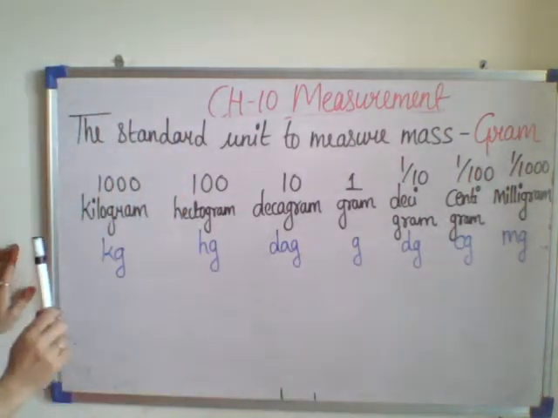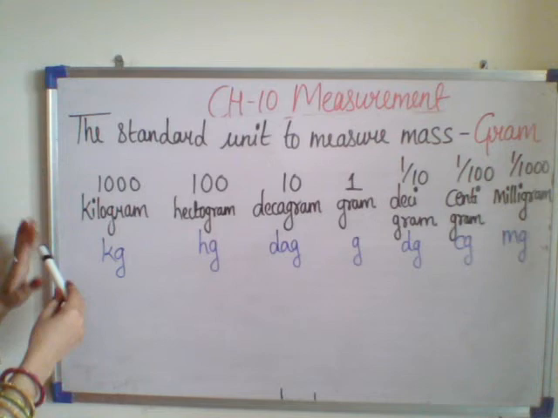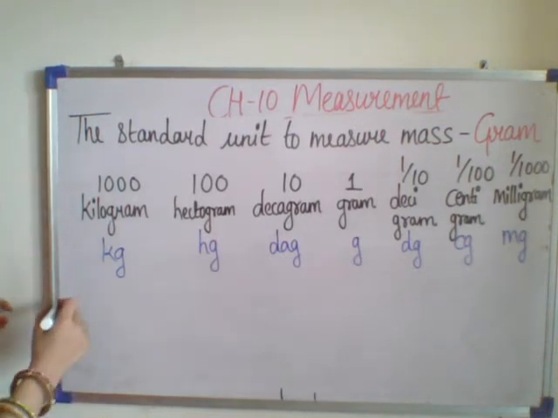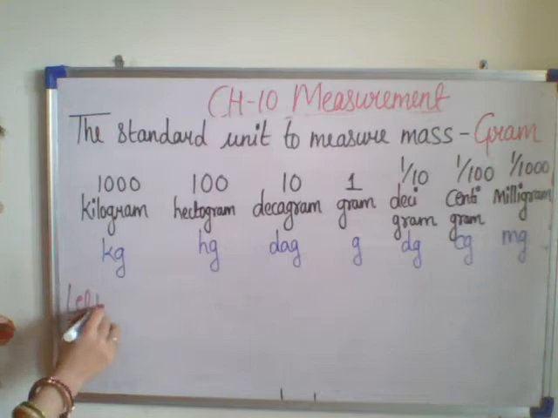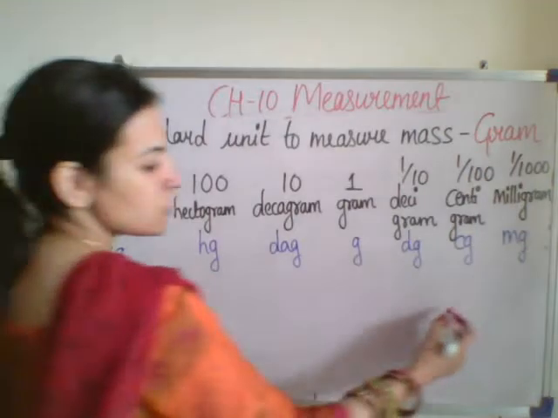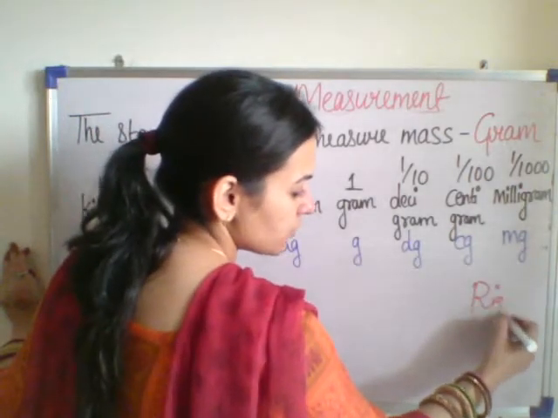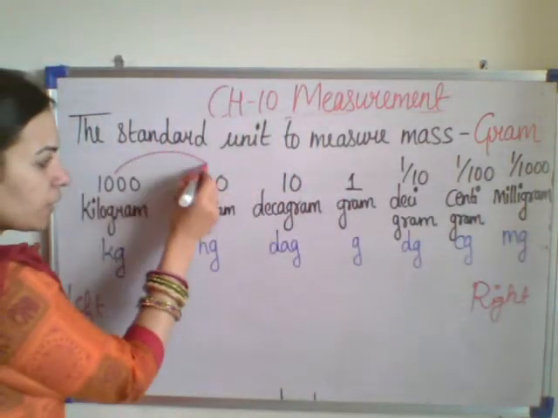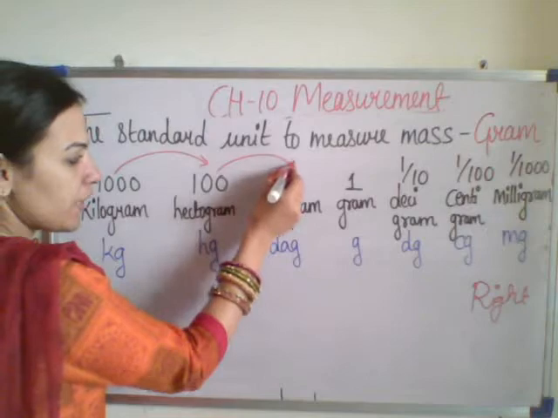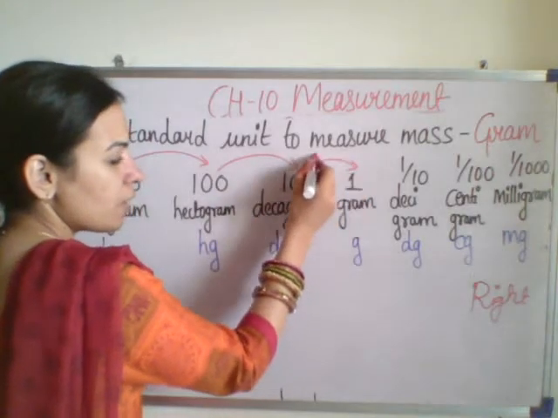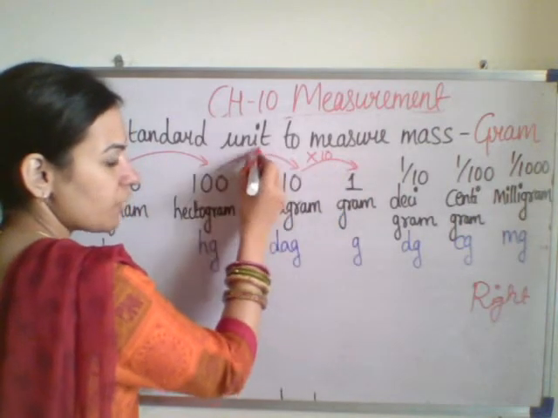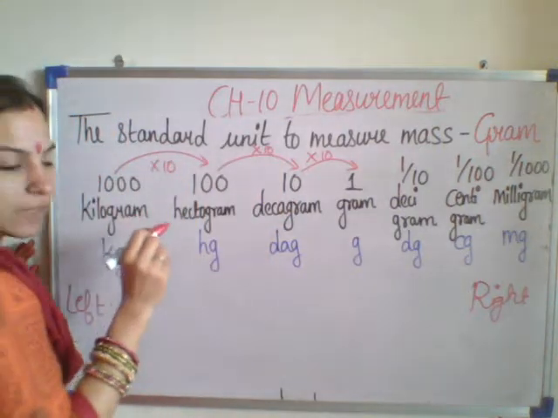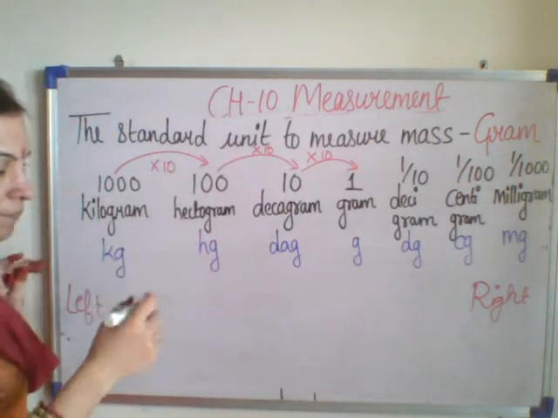Now whenever we are moving from the left side to the right side, what do we have to do? If we are moving from the left to the right, in each step we have to multiply with 10.